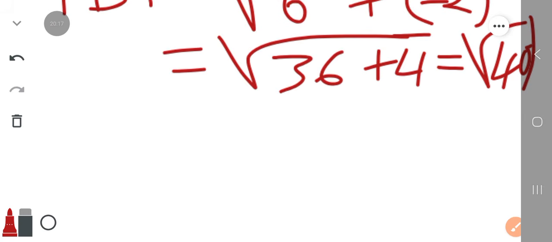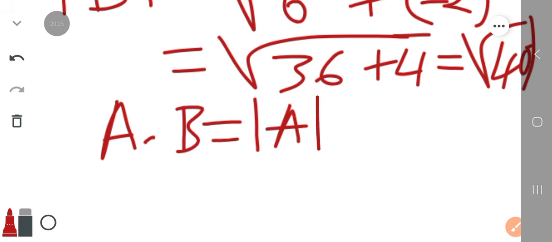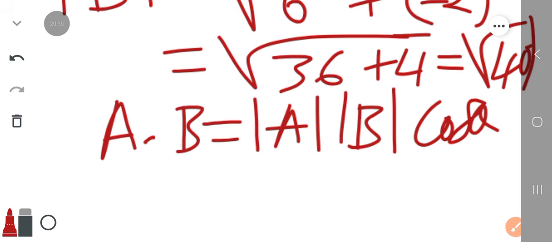Now, since we have the magnitude of A and the magnitude of B, and the question is to find the angle between two vectors, we are going to use A dot B equals the magnitude of A times the magnitude of B times cos theta. We are looking for the angle. A dot B we found to be 10.